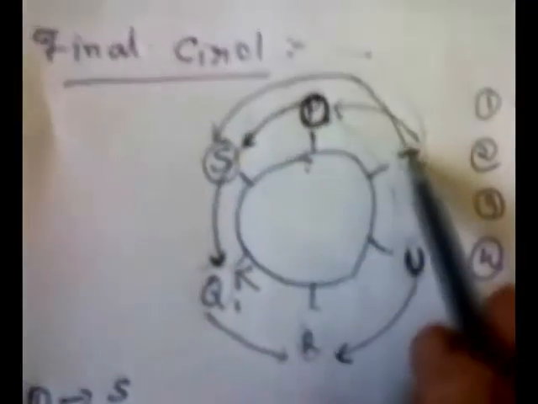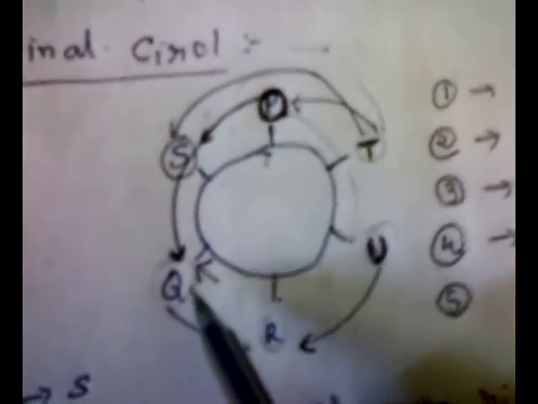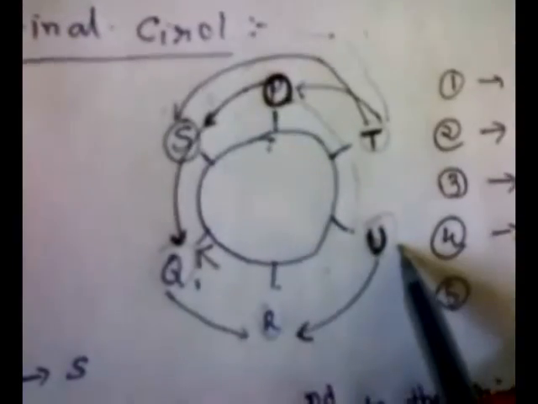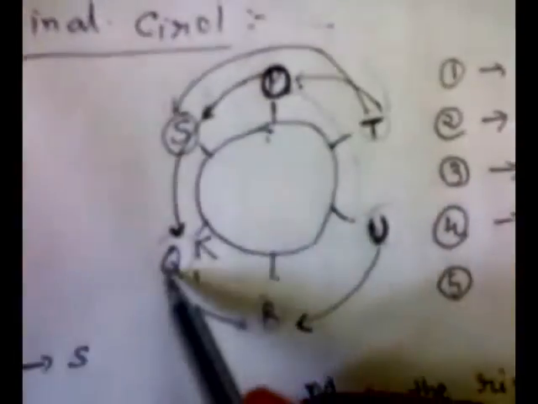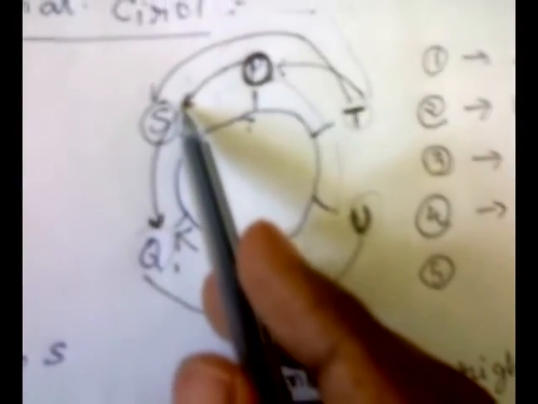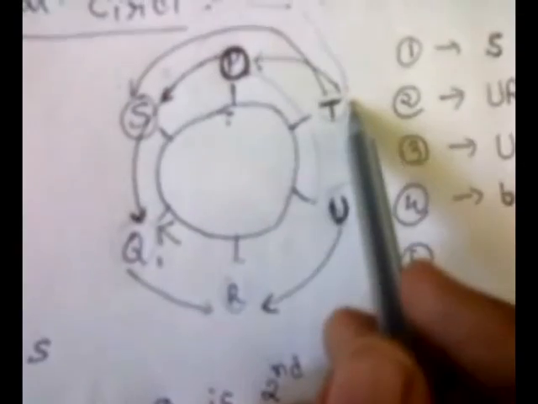If you see all of the options, like the first option, Q and U, there is one person sitting between Q and U. The second option, QP, also there is one person sitting in between. Third option, SR, here also one person is sitting in between. But PT, they are immediate neighbors.